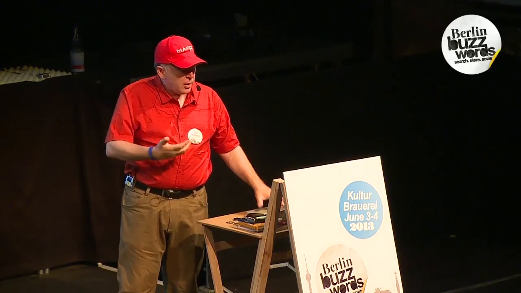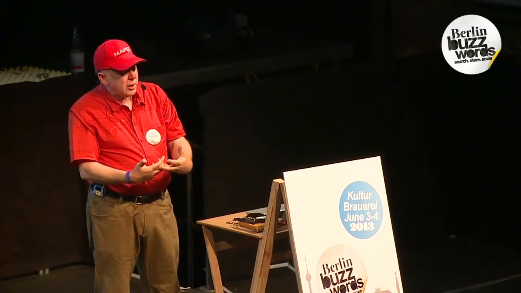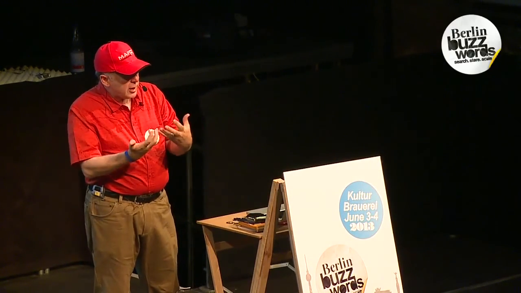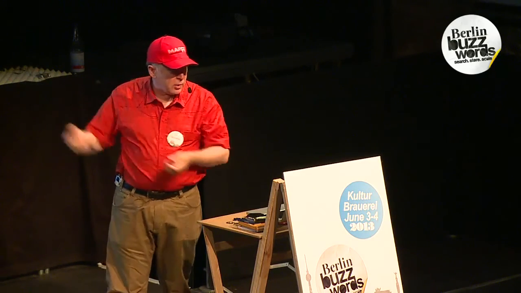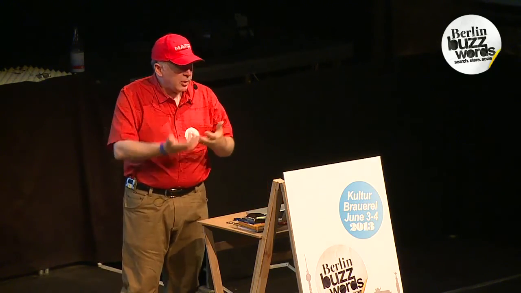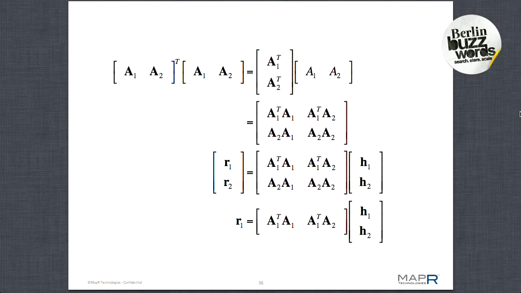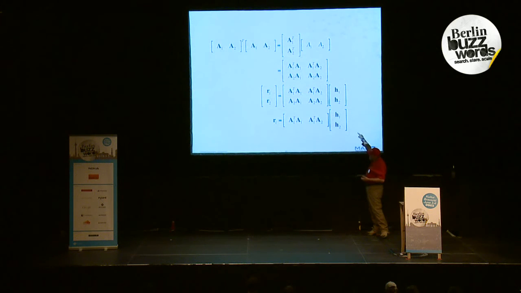Now, if we just elaborate the same thing that we did before with the A transpose A idea, except now with this generalized idea of multiple kinds of behavior, it follows through with just a little bit of math down to this lower form here that we can have behavior history H1 of type 1, H2 of type 2, and we have 2 recommendation matrices inside here in order to get recommendations for type 1.